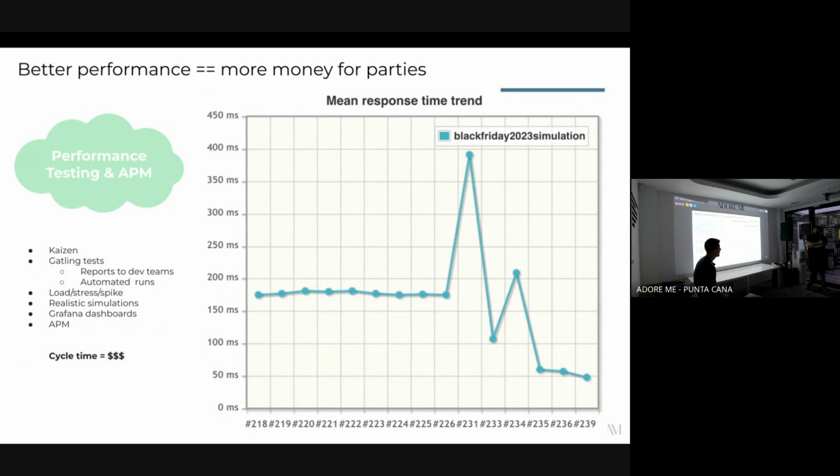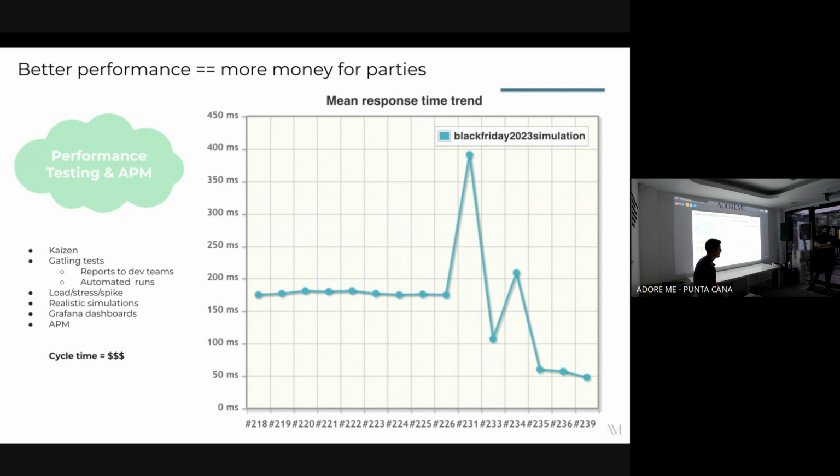And what happened is during these tests, we had tons of feedback for our engineering teams about your app is slow. What did you do? Last year it was faster. And we used a lot of APM to figure out how we might optimize the code. So it's a really ongoing continuous improvement.